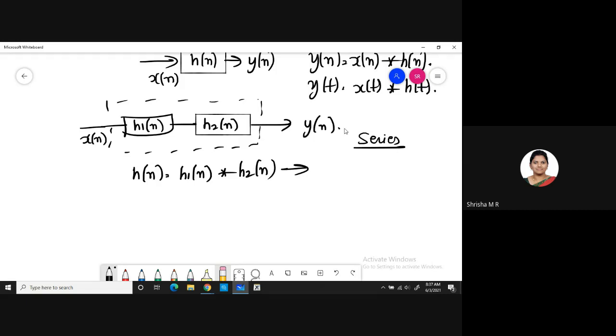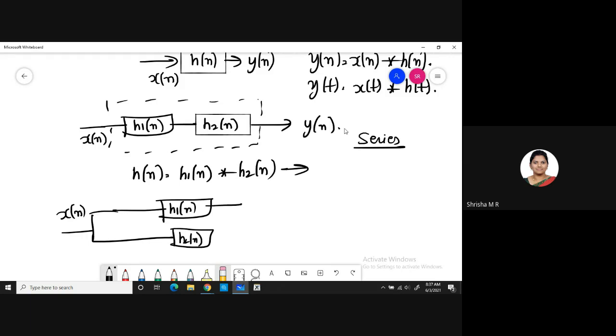If the two systems are in parallel, I am giving x of n to both the systems in parallel, h1 of n and h2 of n. So you get y of n.